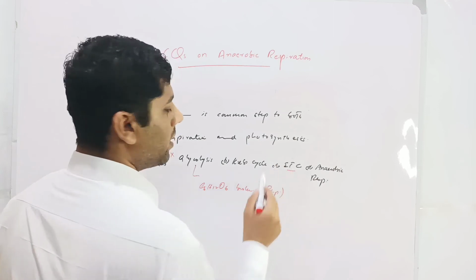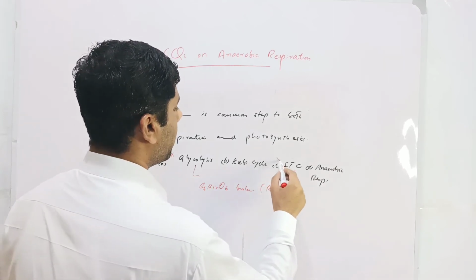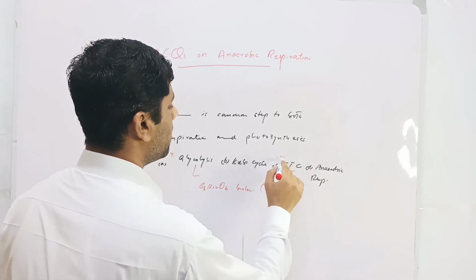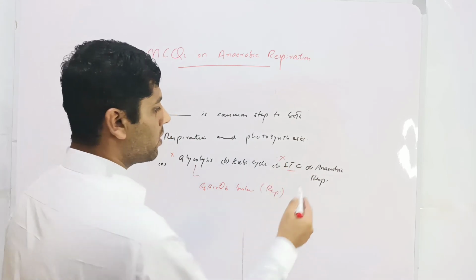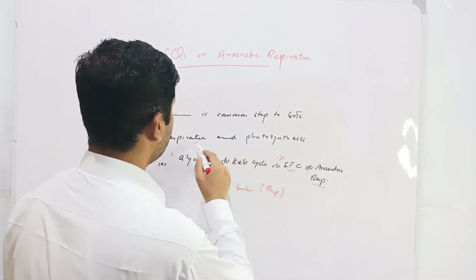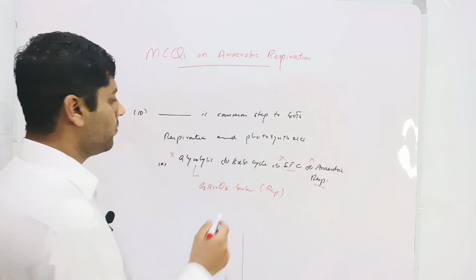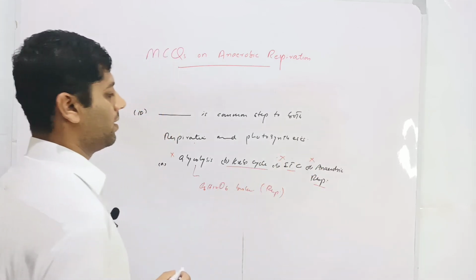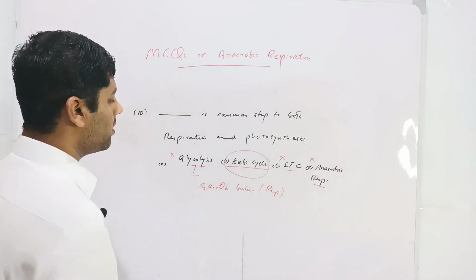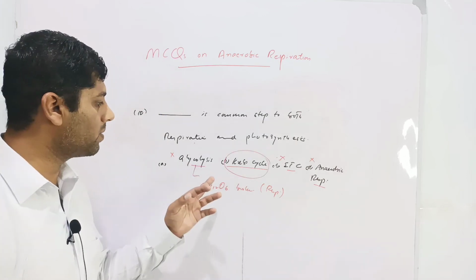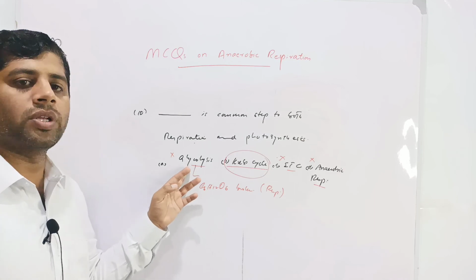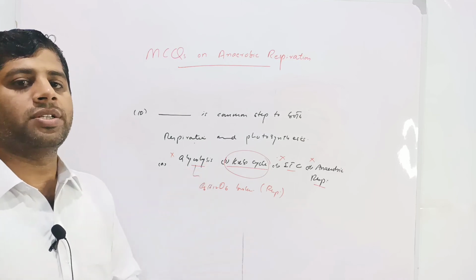Electron transport chain, again this is present only in aerobic respiration, so this option is also incorrect. Anaerobic respiration is present in case of respiration but not in photosynthesis. This option is also incorrect. The final option left here is Krebs cycle. Krebs cycle comes after the glycolysis process in respiration. In aerobic respiration, the glucose molecule is broken down in glycolysis, and pyruvic acid is synthesized.